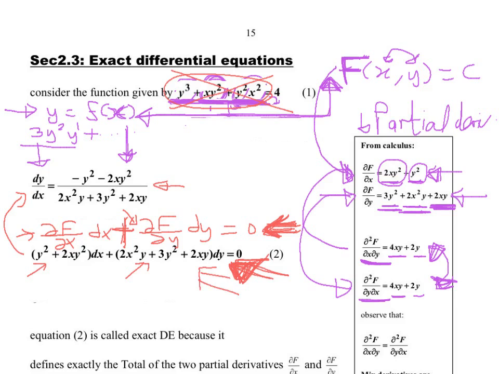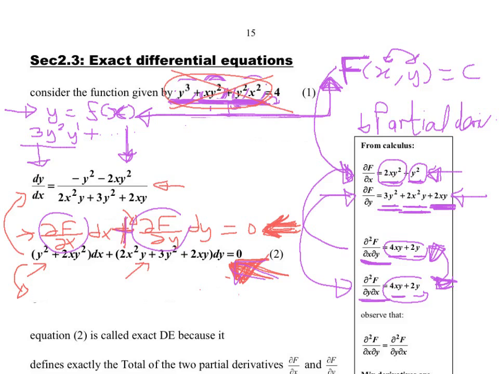We can check exactness simply by differentiating again. Because we have said before that the mixed partial derivatives of a function are equal. So to check exactness of this, to check that it belongs to one f, differentiate again.